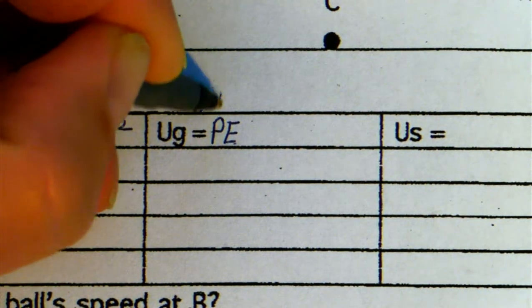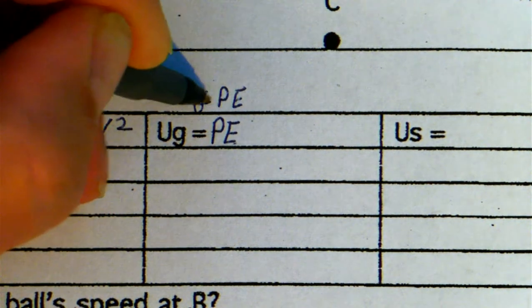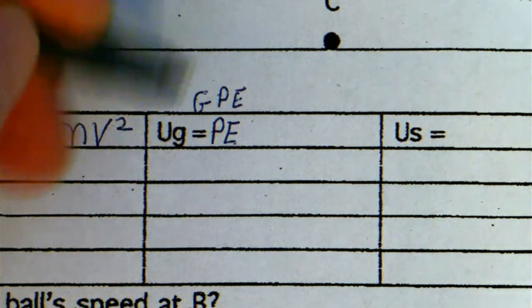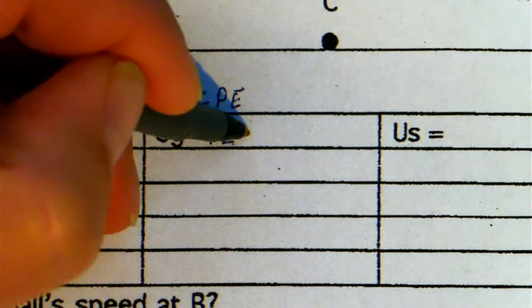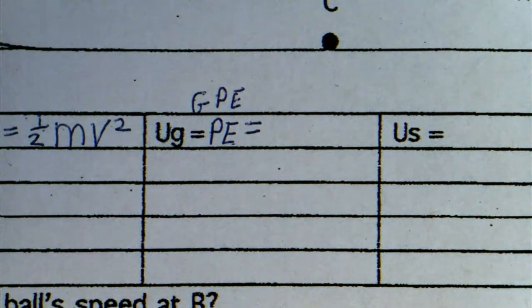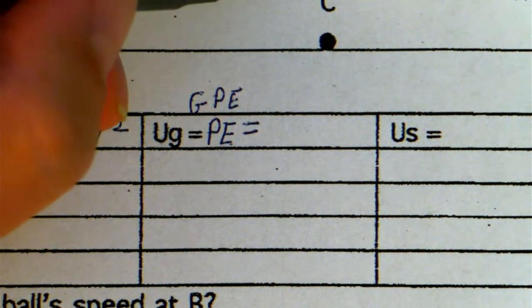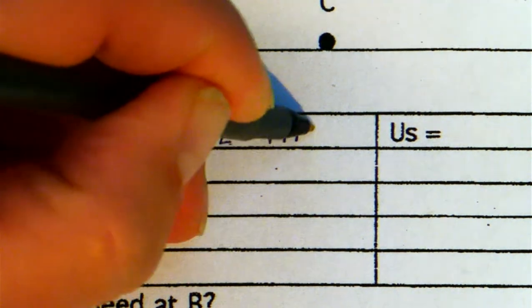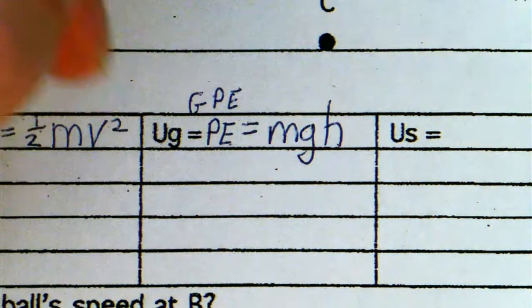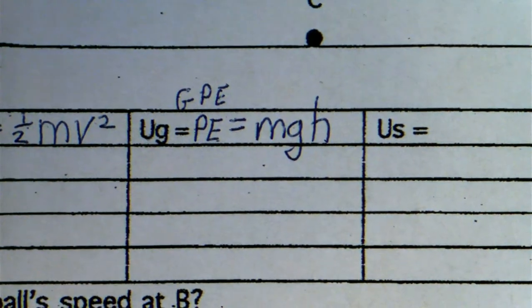Sometimes they call it GPE for gravitational potential energy. And in college, they use capital U, subscript lowercase g. Do you remember the formula for calculating gravitational potential energy? Excellent. M times G times H is correct.